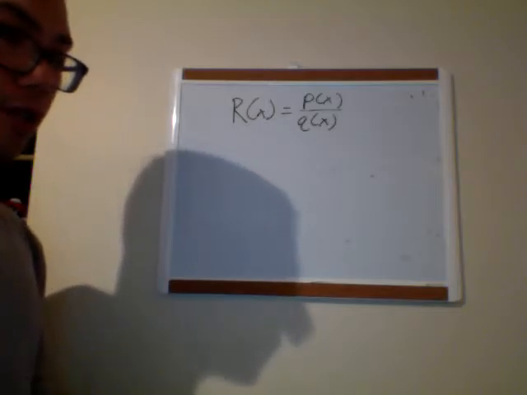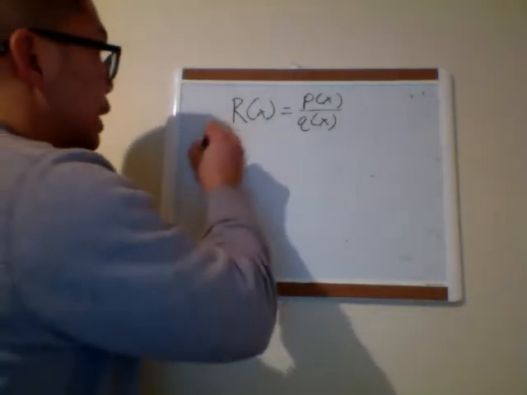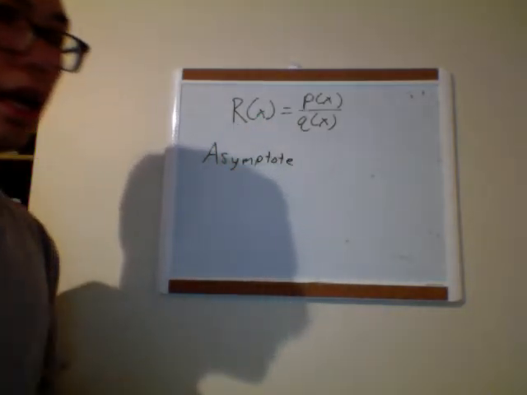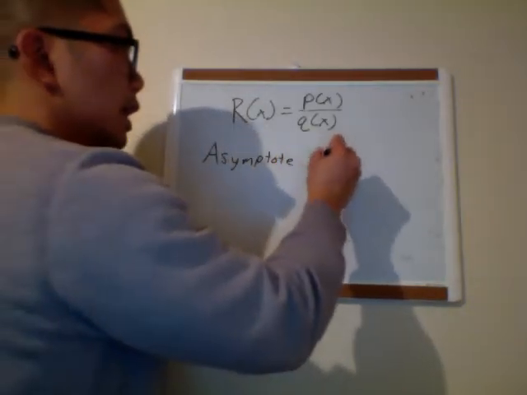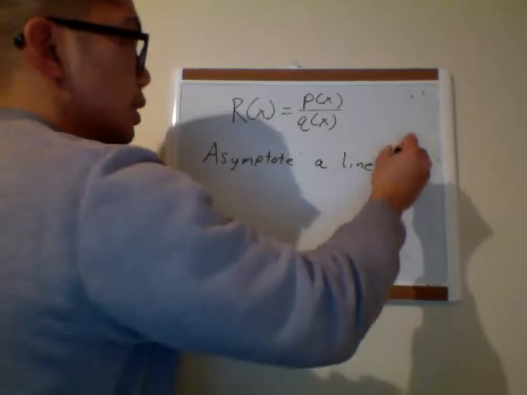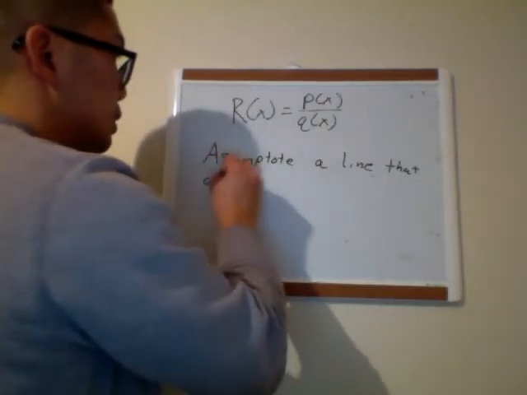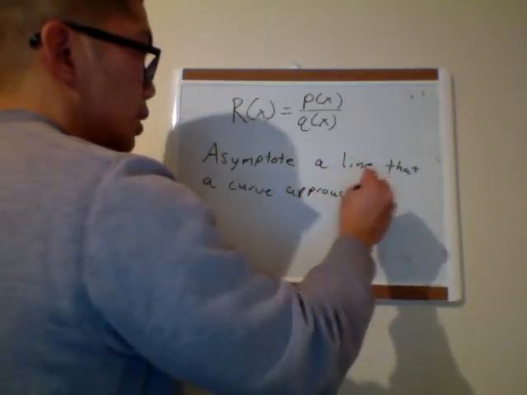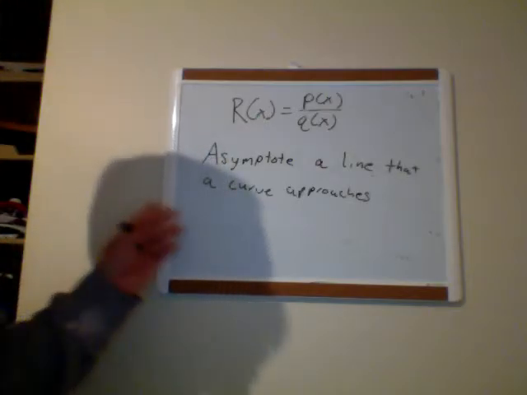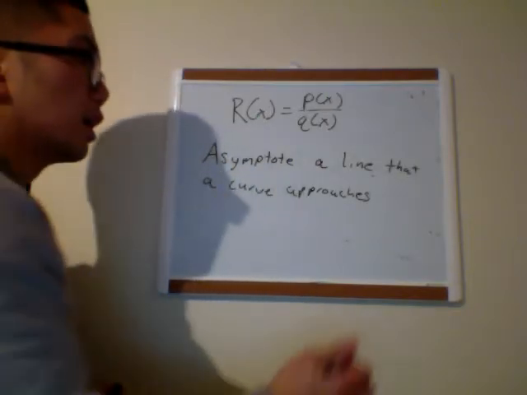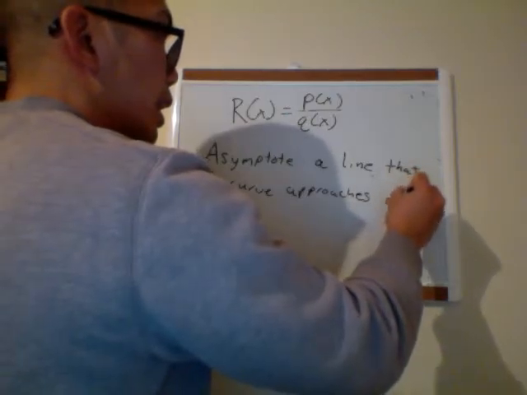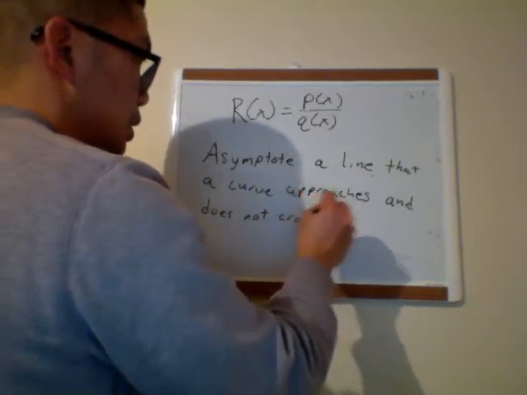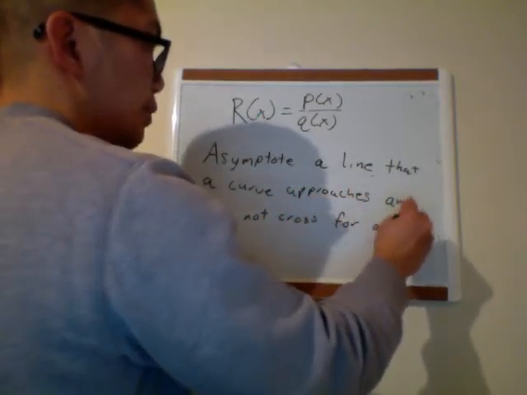So the main topic for today is how to find asymptotes. Now, an asymptote is basically a line that a curve approaches and does not cross for a finite distance.